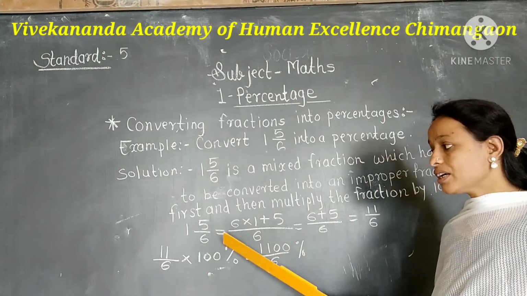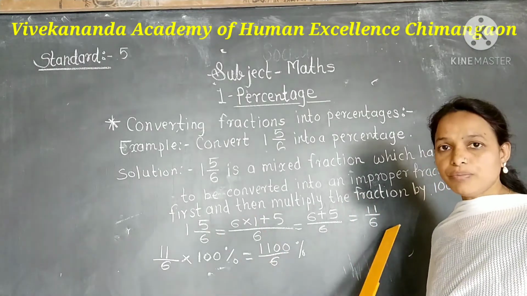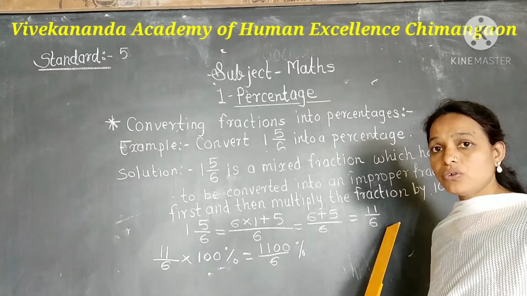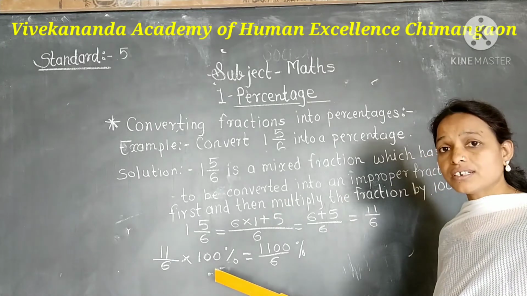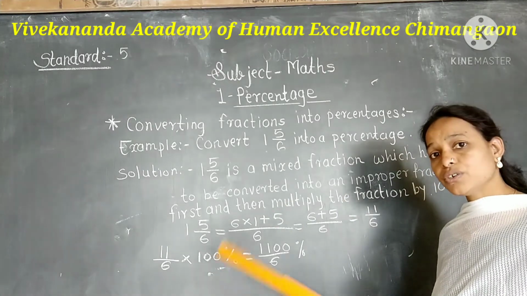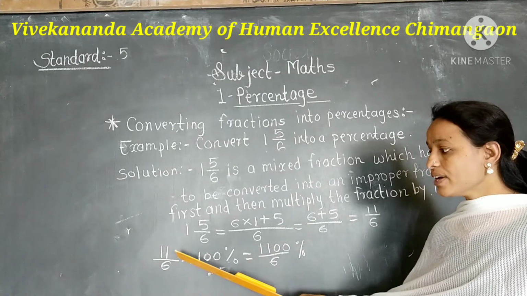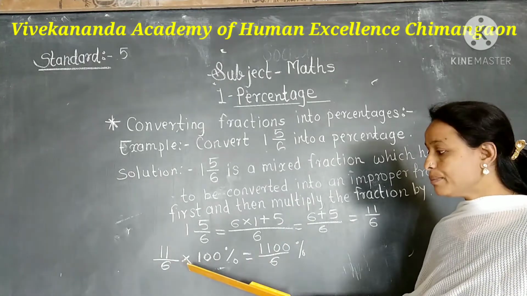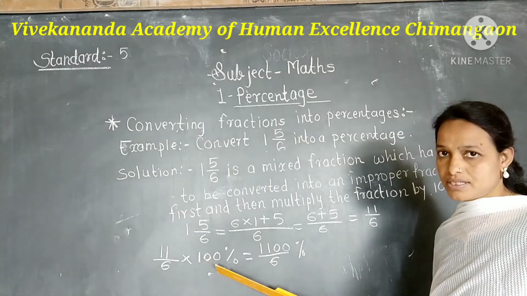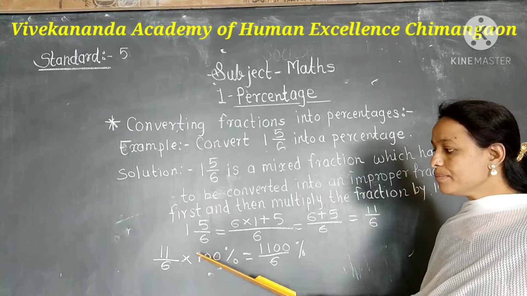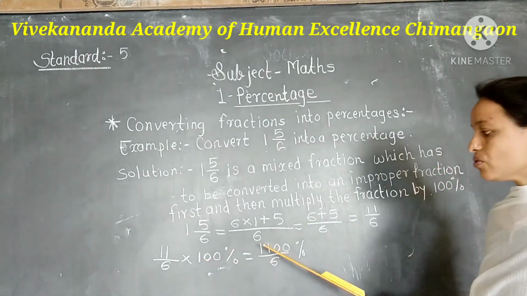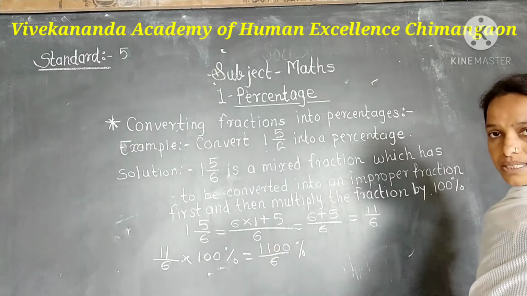Now we converted the mixed fraction into an improper fraction. Now we have to convert this improper fraction into a percentage. So 11/6 multiplied by 100%. 11 multiplied by 100, we get 1100/6.